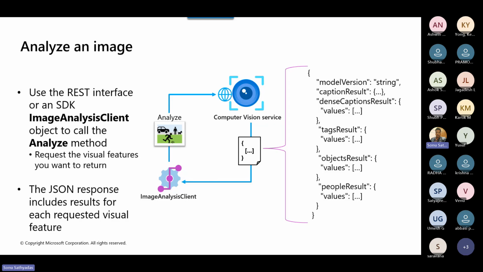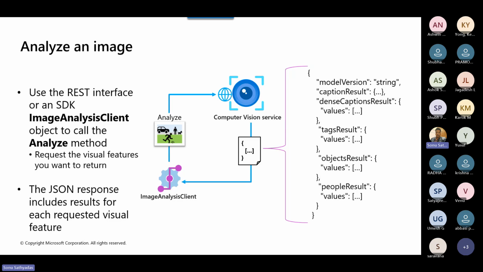So if you are a developer, you have two options to consume these AI services. Either you can make a REST API request, or you can create the image analysis client class object from the SDK. SDK means a project library is available. It can be a .NET library or Java library or Python library. So you can use those class libraries also.